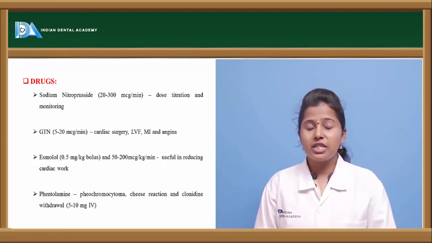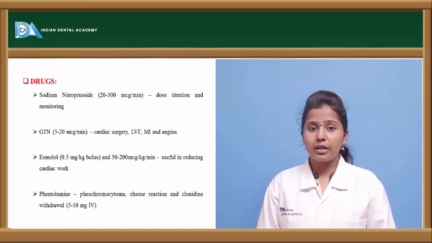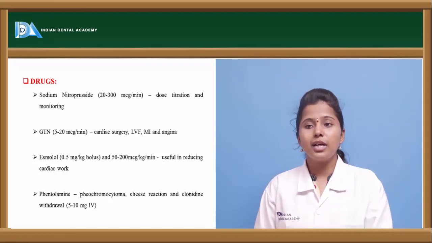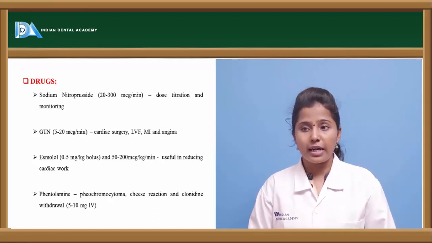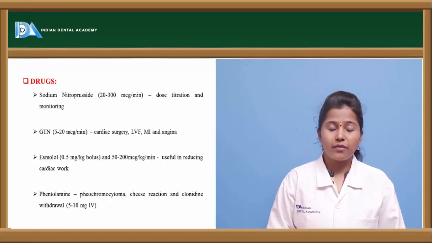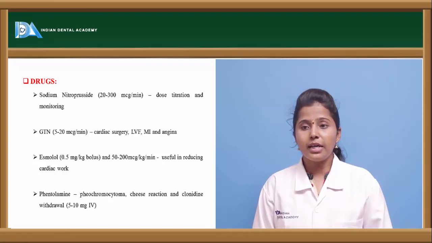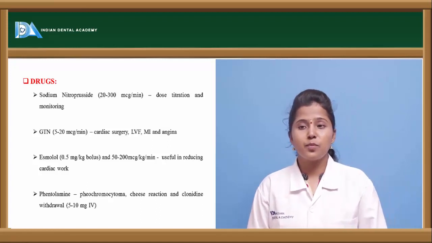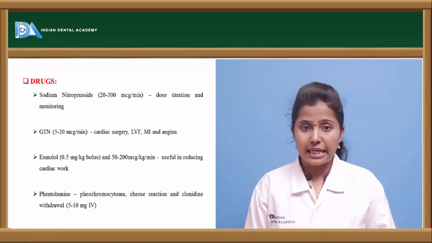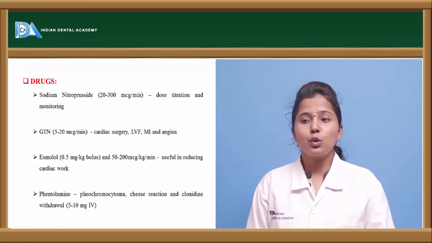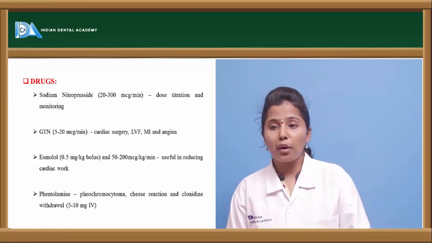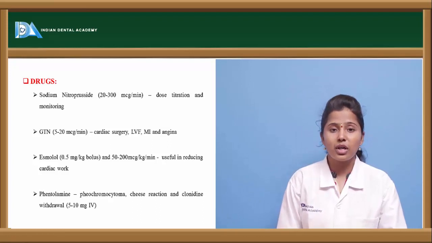GTN or nitroglycerin is usually given in the emergency conditions of cardiac surgery, myocardial infarction or angina. And esmolol should be given in the dose of 0.5 mg per kg as an IV bolus, and 50 to 200 microgram per kg per minute based on body weight.